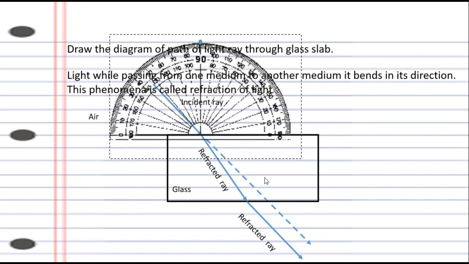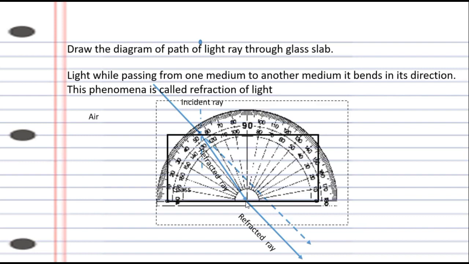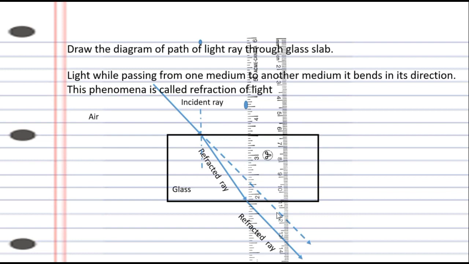Then take out your protractor and join those dots, and that is the perpendicular which is drawn. In the same way, at this point also, keep a protractor, make a mark at 90 degrees, and then join those dots. That is a perpendicular drawn to this plane.